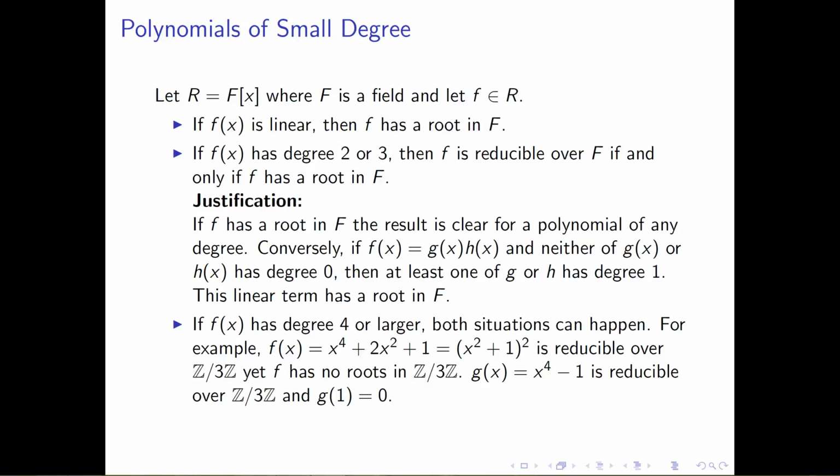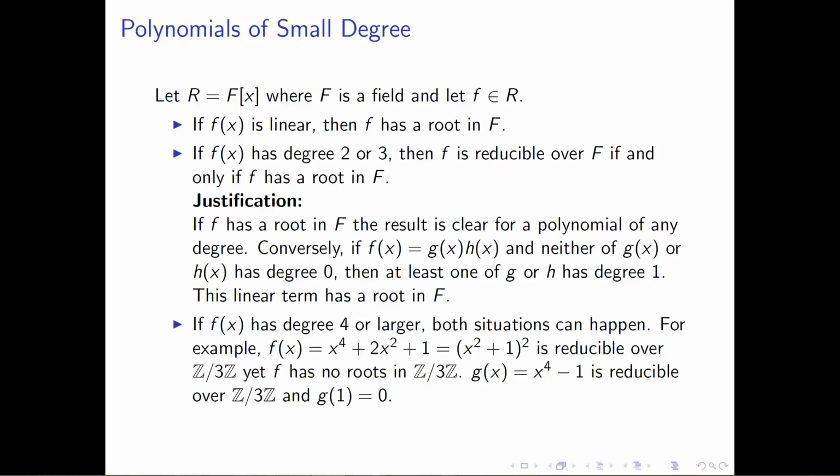So I have a polynomial that is definitely reducible, and yet it doesn't have any roots in the ground field. I need degree 4 or higher for that to be true, but that is a different behavior than we were seeing, even over a finite field, in the degree 2 or 3 situation. However, of course it can go the other way.